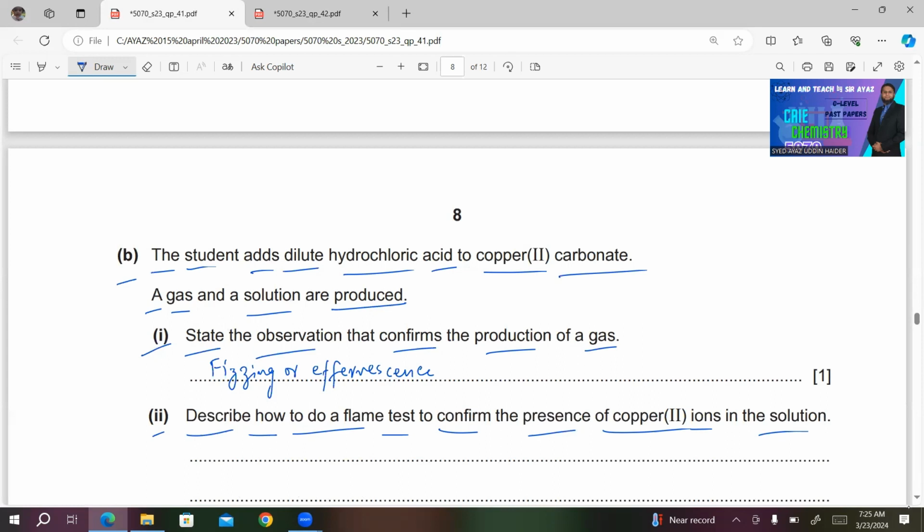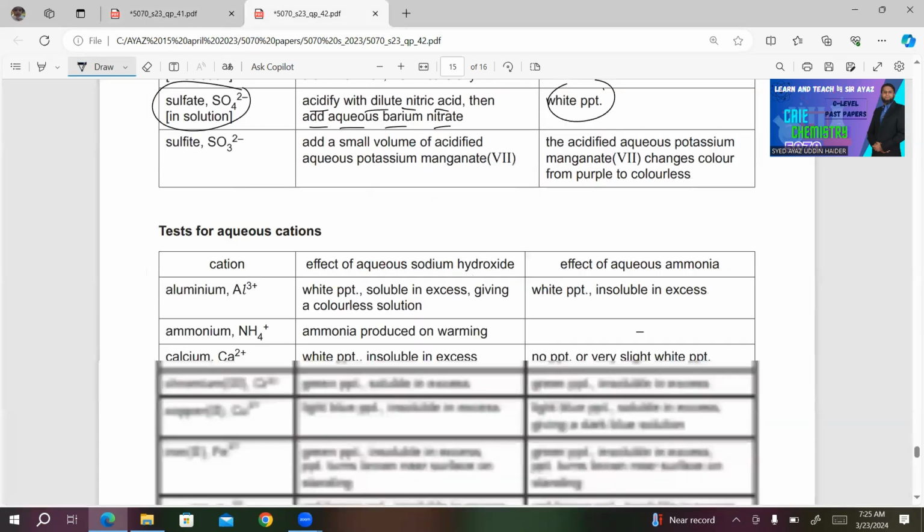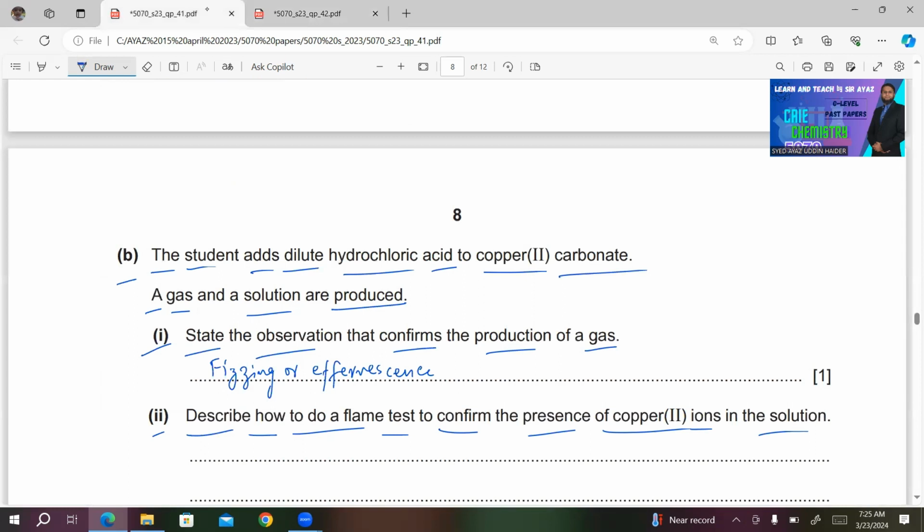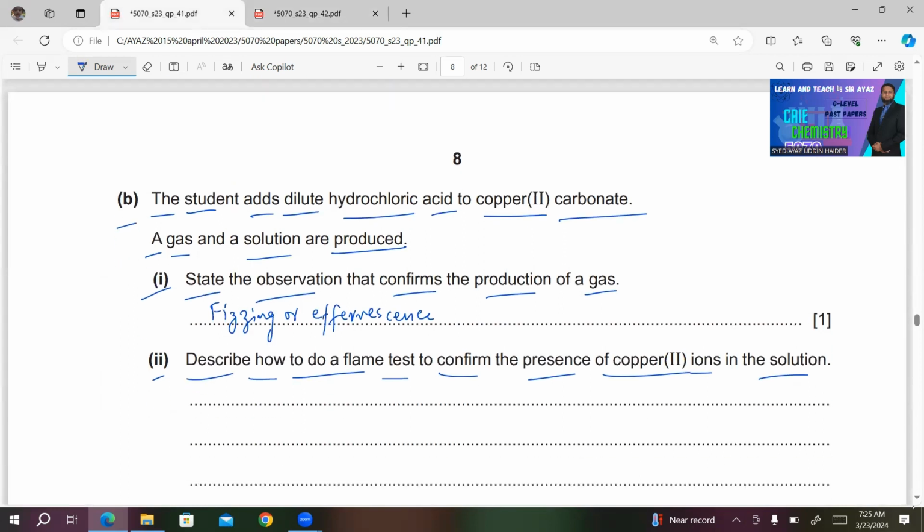Then bring it to the blue flame and notice the flame change. Flame changes color. In this case, we must get blue-green for the copper(II) ion. So you can write any workable method.